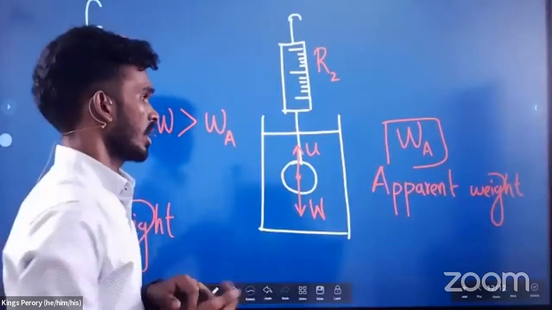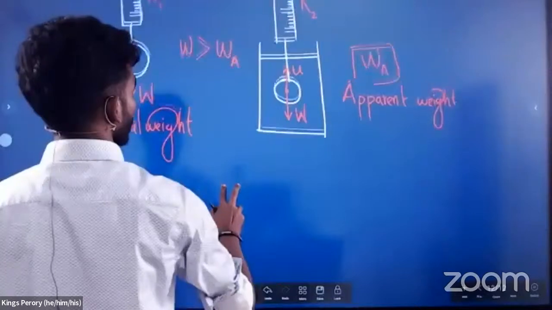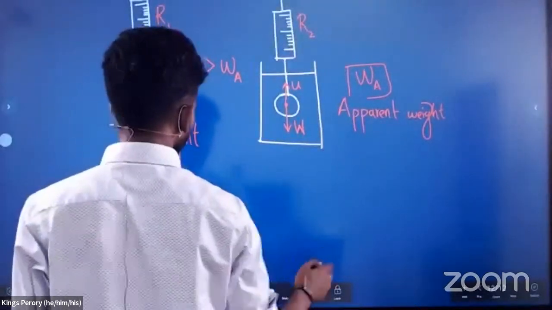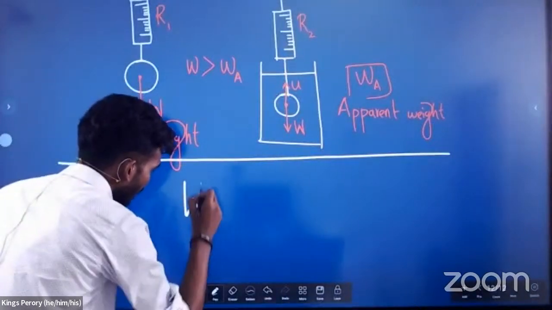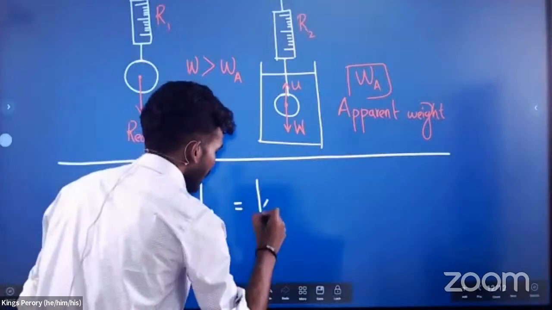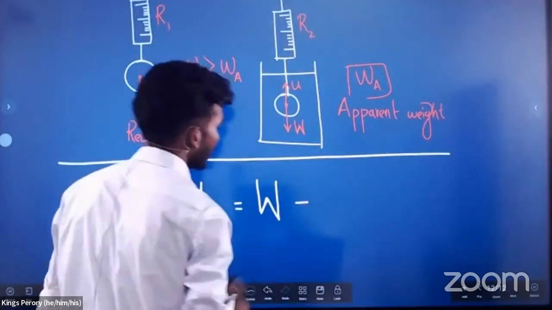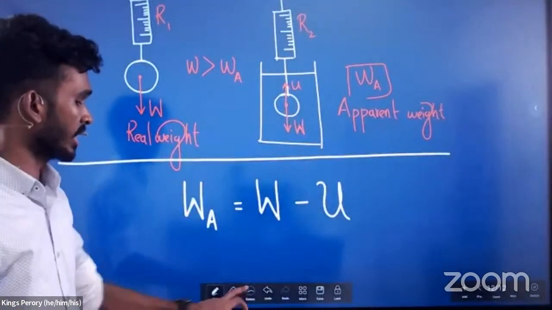Okay. How can I mathematically calculate the apparent weight? Very simple. Apparent weight is equal to real weight minus upthrust. Make sense?